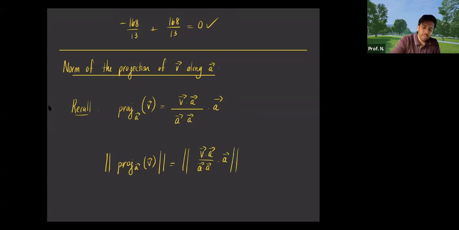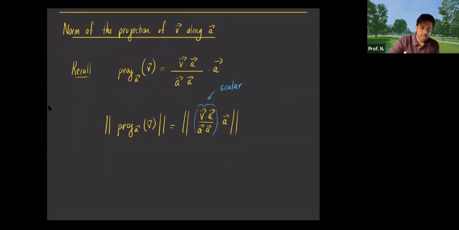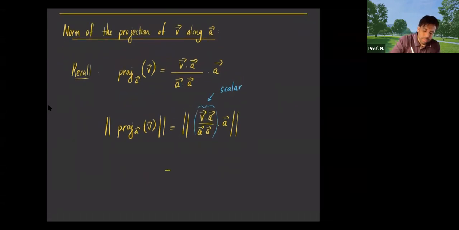But remember what I said. This little fraction here is a scalar. It's not a vector, it's a number. So this is a number that, when you take it out of the square root, right? Because remember, this norm here is a square root, and this is taking the components of A and squaring them.